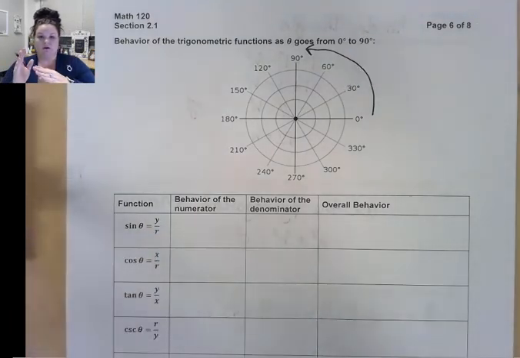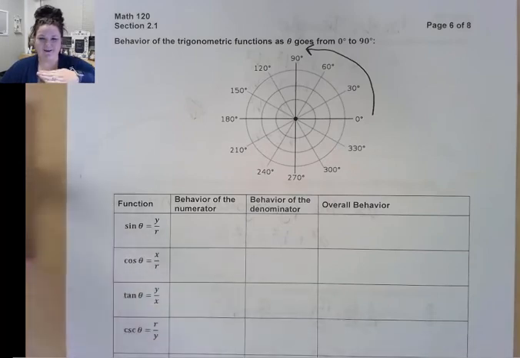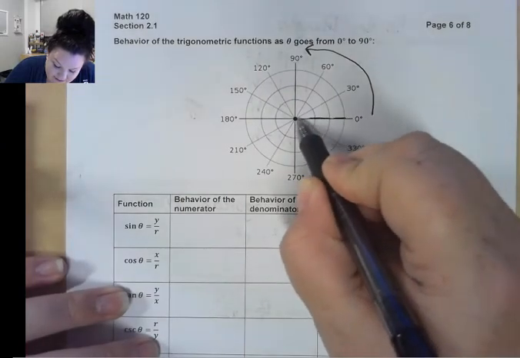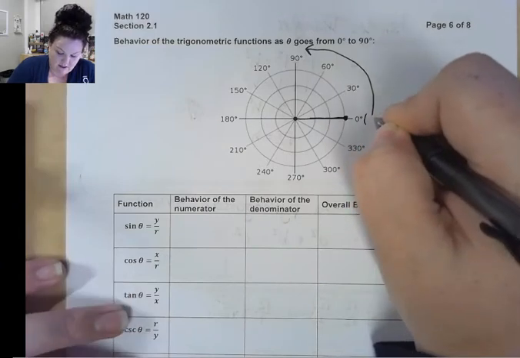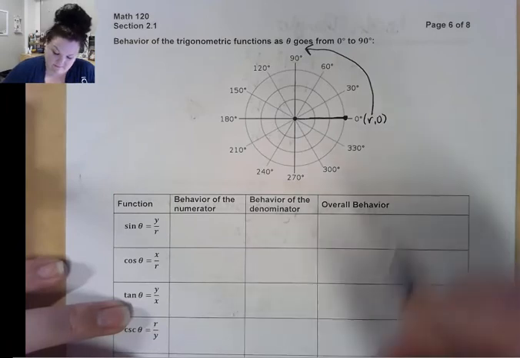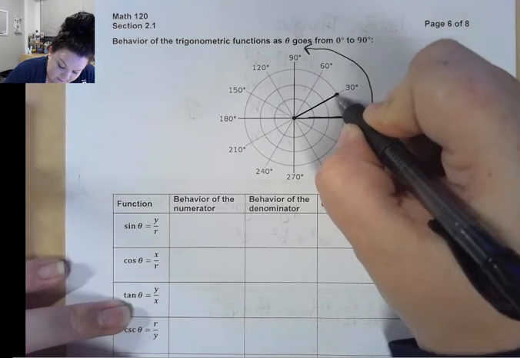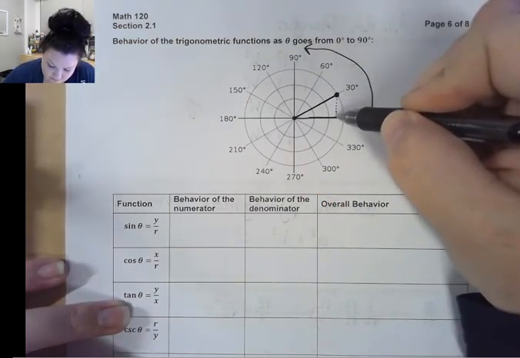Now remember our R value, our hypotenuse, is what creates that triangle, right? So right here, if I go out a distance of R, this would be the point R, 0, right? And then if I go up, say, to 30 degrees, notice my X, Y value here.